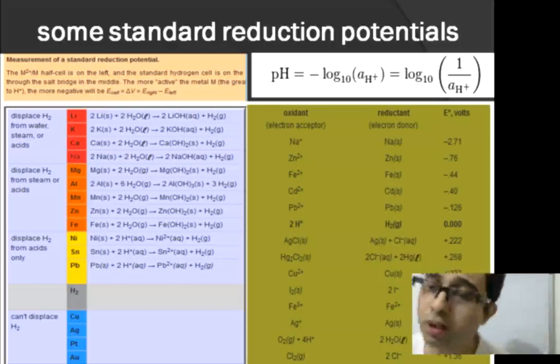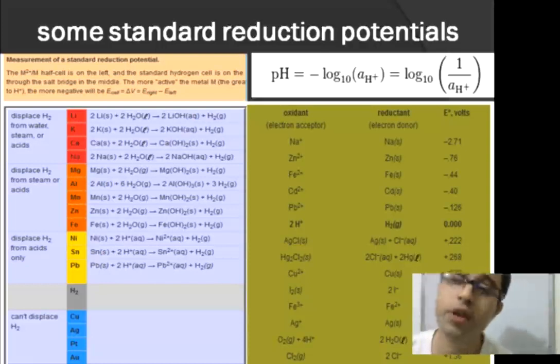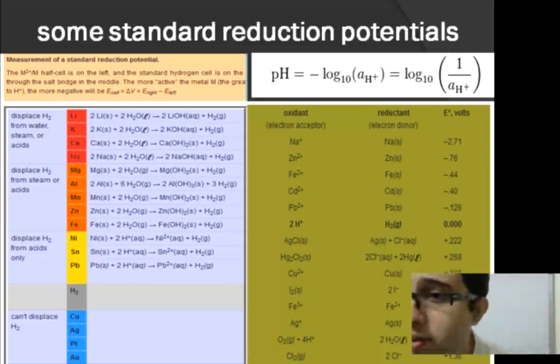So depending on these E0 values, this is called the reduction potential. These values are measured against a standard reference electrode, which in this case is hydrogen. Look at the hydrogen. For hydrogen it is 0.